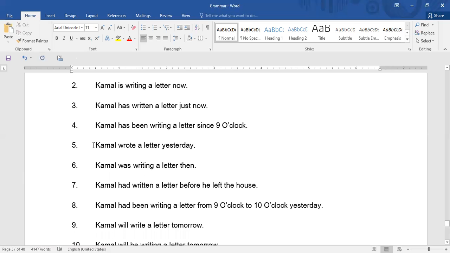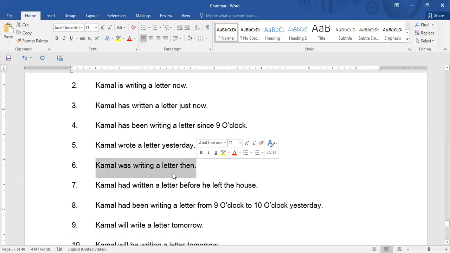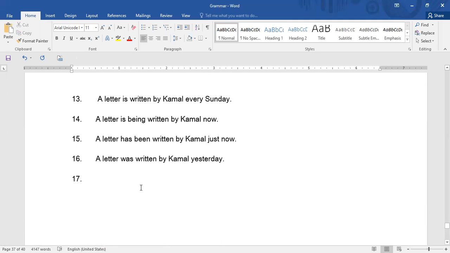Then past continuous. Sangeetani. A letter was being written by Kamal.